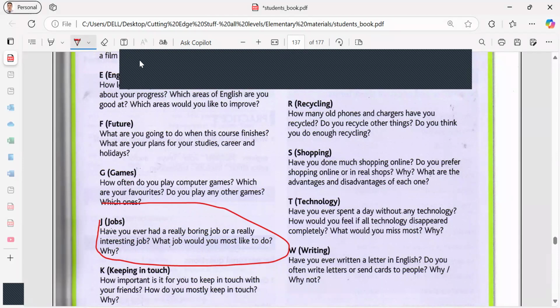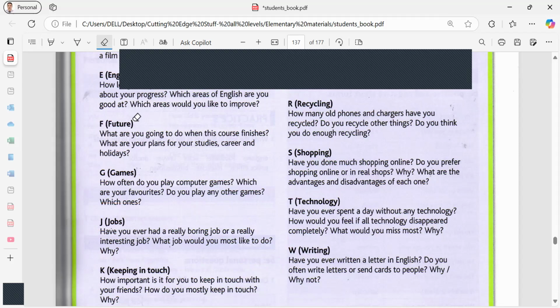Okay. First, I don't have a job. I'm a student, but I answer the question as a student. Okay, good. Have you ever had a really boring, maybe we say subjects? Have you ever had a really boring subject or a really interesting subject? The most interesting subject to me is biology.